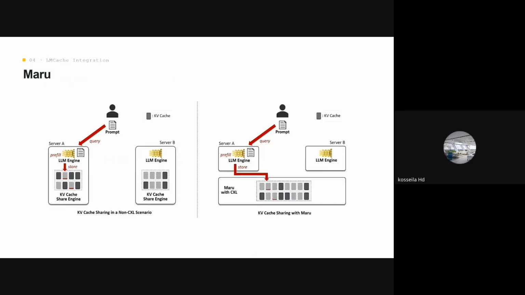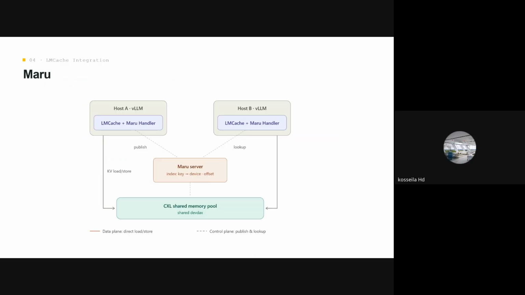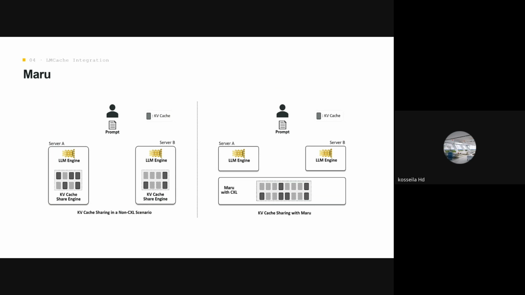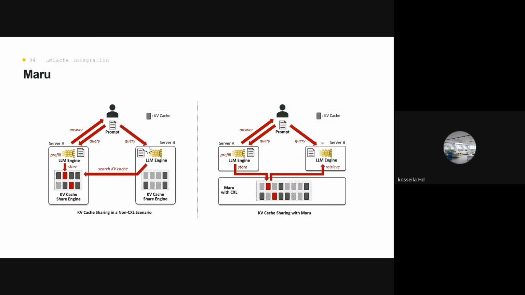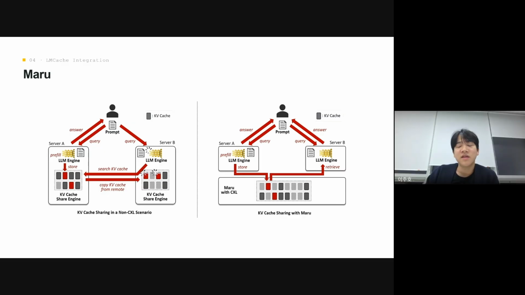It was a bit quick, but earlier. So what's actually different between Maru and the non-CXL scenario is just that Maru is combining all the KV cache content in a pool as opposed to having it spread?